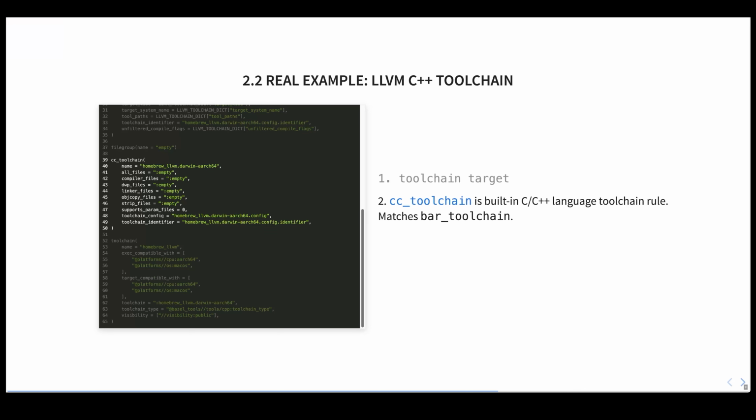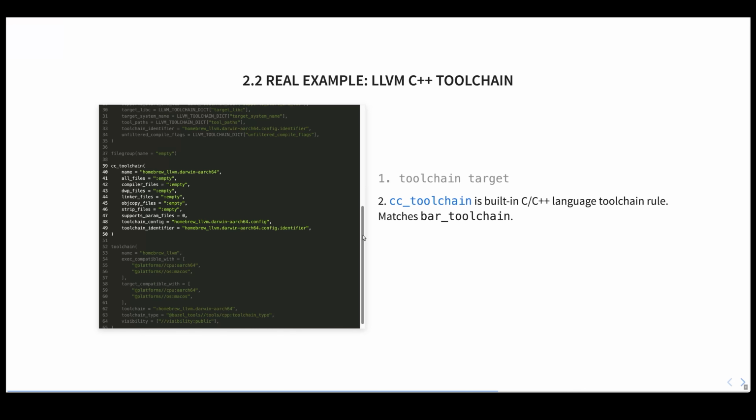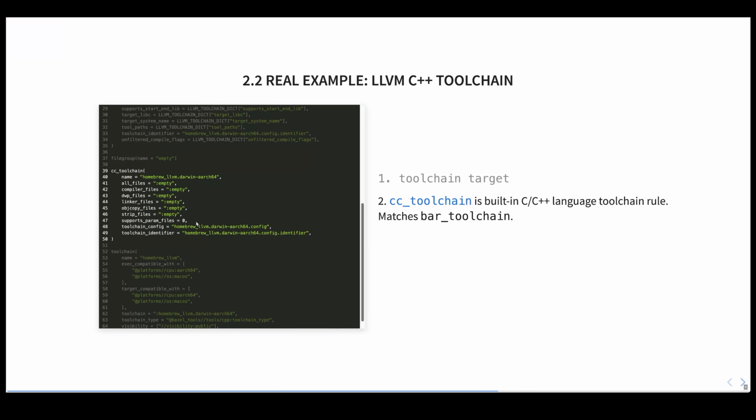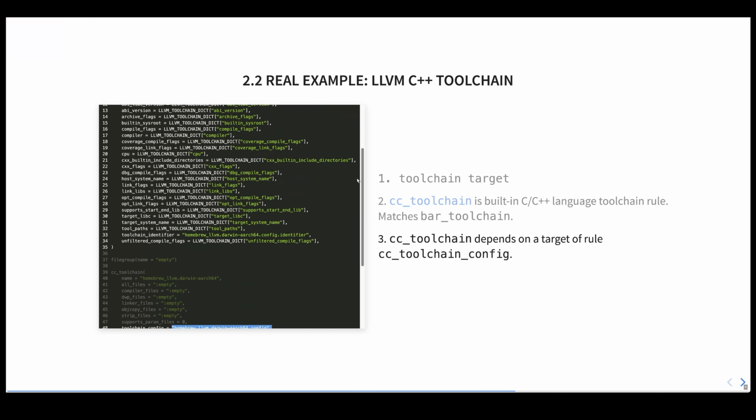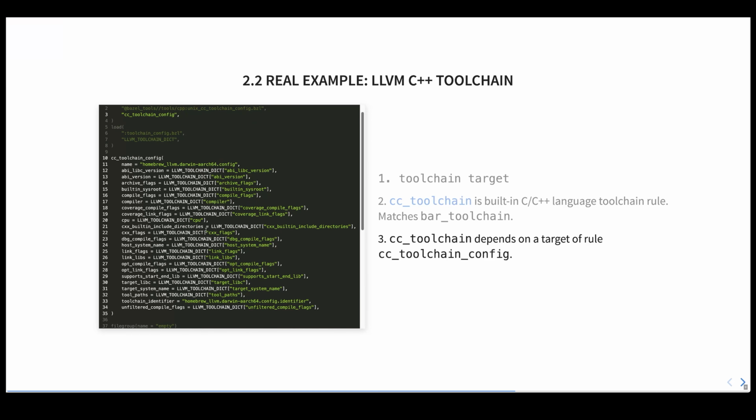There is a little surprise here because you see another big chunk of code at the top of the build file. That is because the CC toolchain depends on another target, which is called CC toolchain config. So for the C or CPP language-specific rule, the actual toolchain parameters are defined in the CC toolchain config.